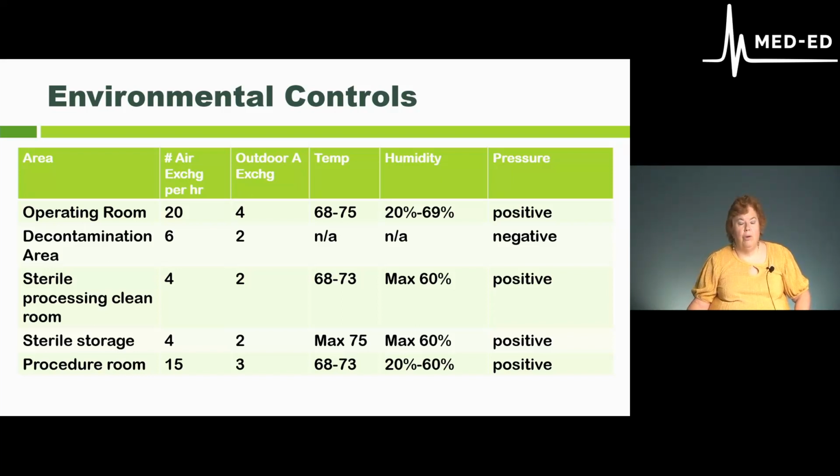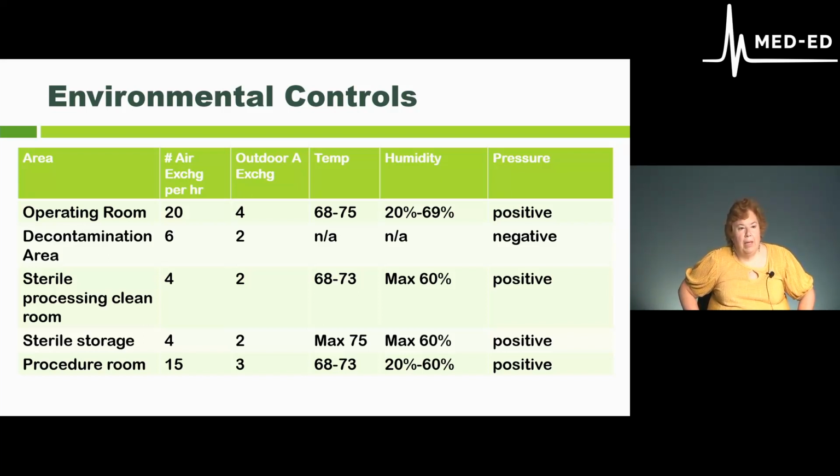So when the door is open, the positive air pressure is pushing out so that any microorganisms, debris, anything that's in the hallway is not going into the operating room. The operating room is going to stay as clean as possible because with positive pressure, the air is pushing out.